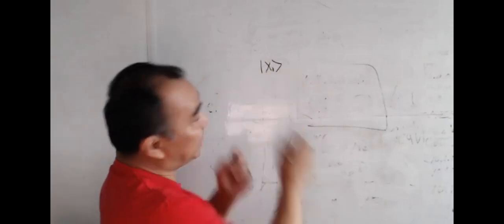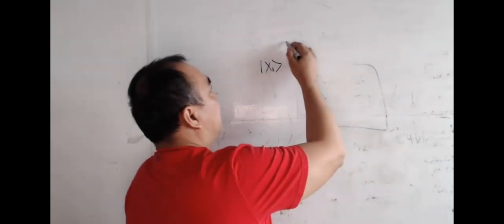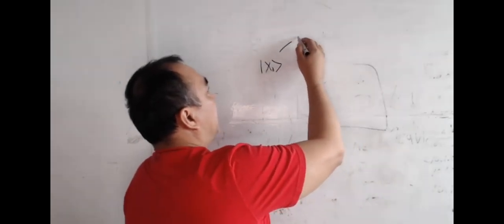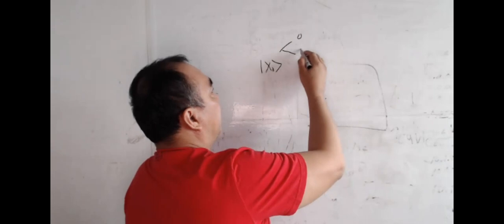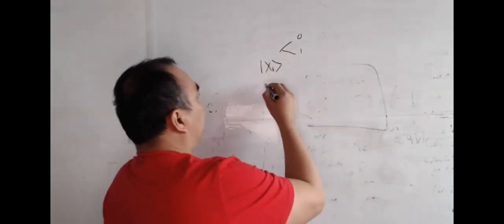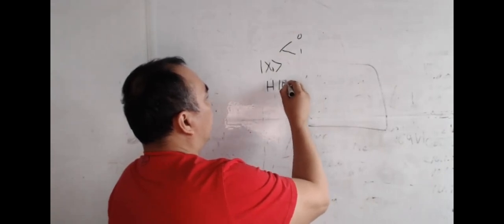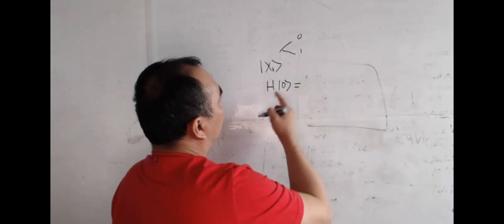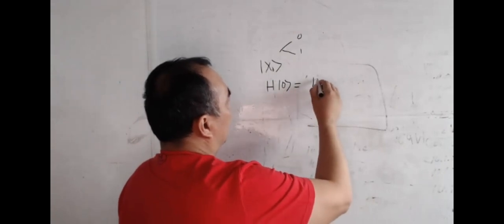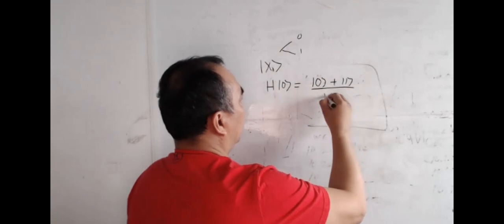As I mentioned earlier, x0 can either be 0 or 1. What will be the form of the Hadamard applied to 0? This is equal to (|0> + |1>) over the square root of 2.